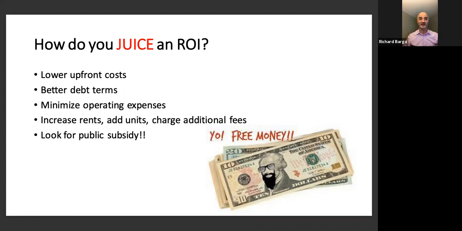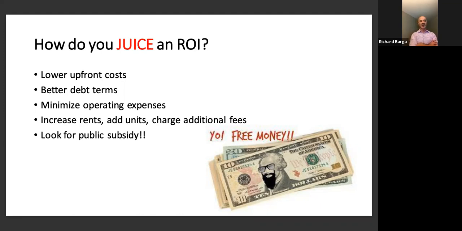We had 4% on our model, and what can we do to get that ROI to go up to 5%, to 6%? If we were to pay less money up front and still maintain the same cash flows, then you get a better rate of return for your money.